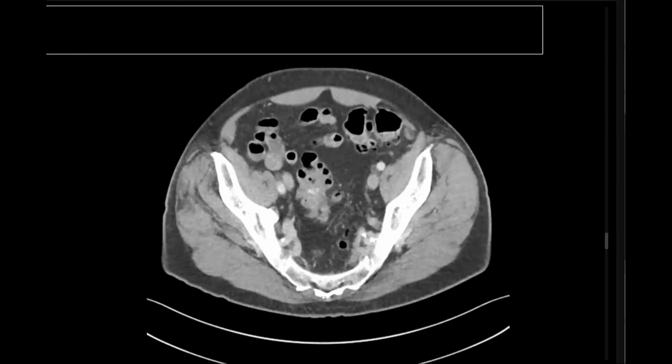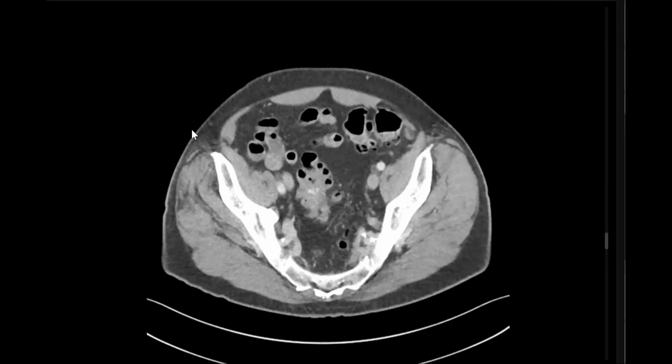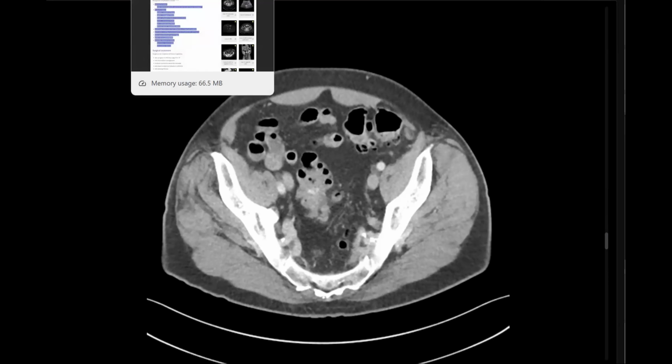This is a case of sigmoid diverticulitis, complicated by pseudoaneurysm. No, just hemorrhage, or active bleeding. So I will convey the finding to the referring physician. This is an emergency, and I should inform the interventional radiology team for possible embolization of the bleeder. Yes, very good, my friend.